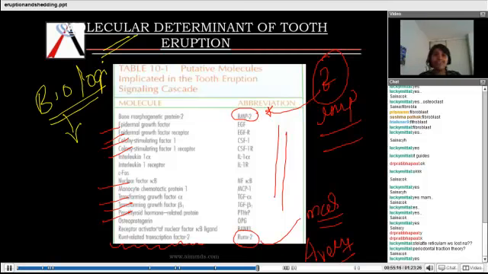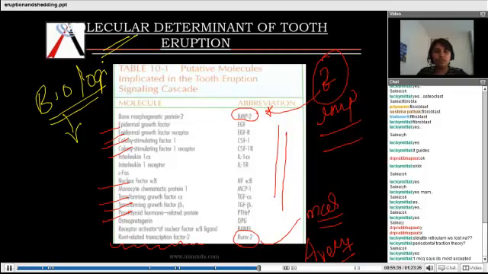But the main thing is, even before the periodontium starts developing, your tooth starts moving. So periodontal development is a synchronous process along with the eruption of the tooth. So that is the reason why the sole eruption cannot be attributed to the traction from the periodontium.